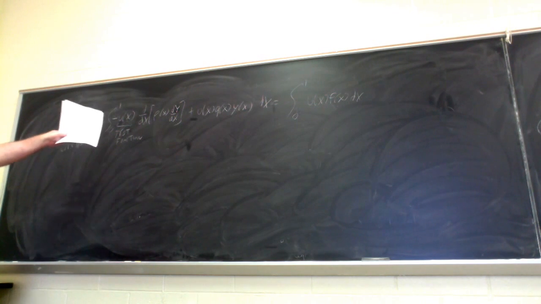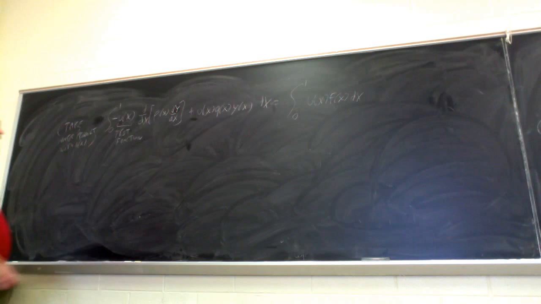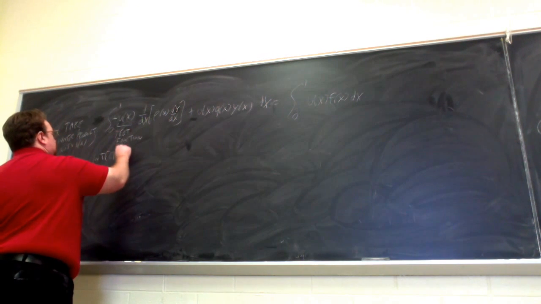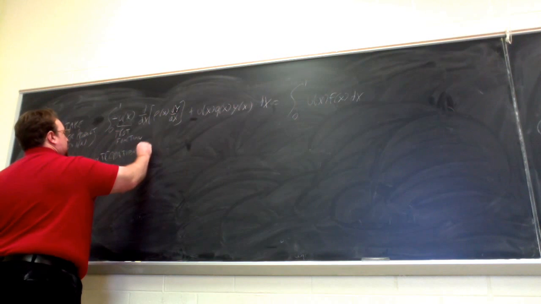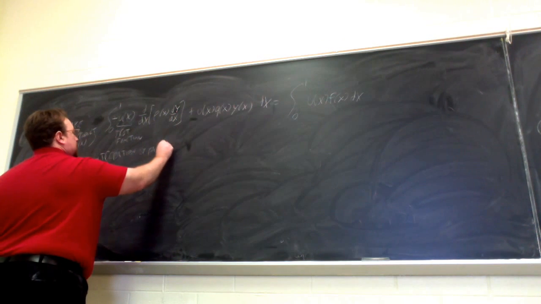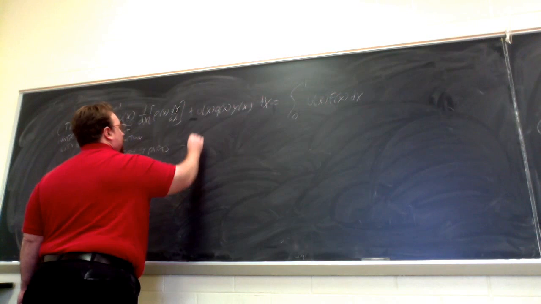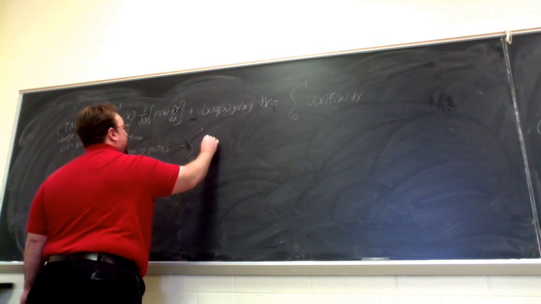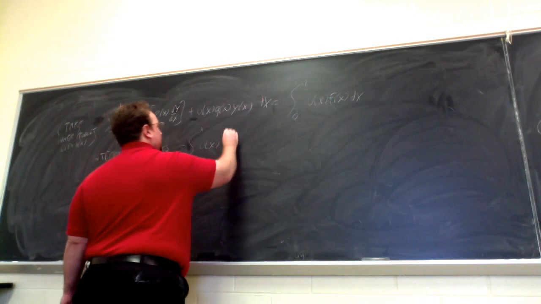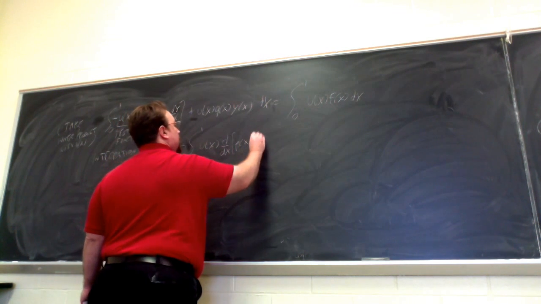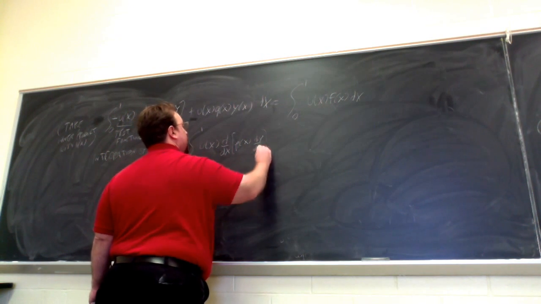All right. Now I'm going to mess with just this first term right here using integration by parts. All right, so I have minus the integral of u of x times the derivative of p dy dx.